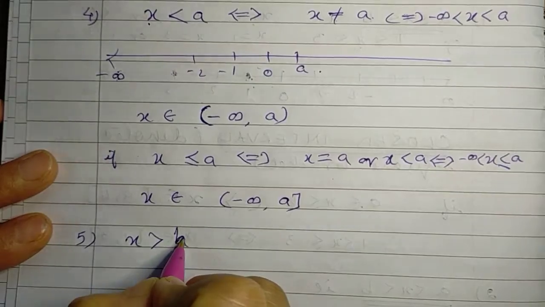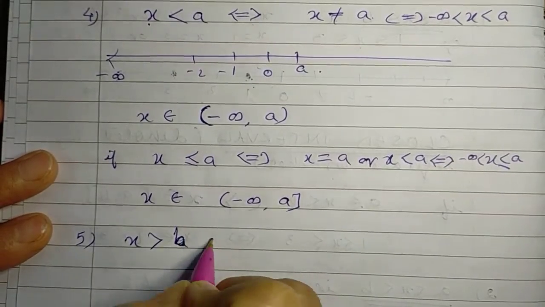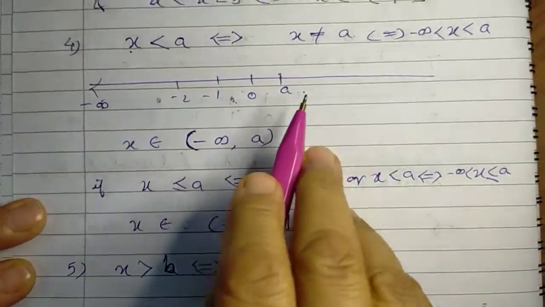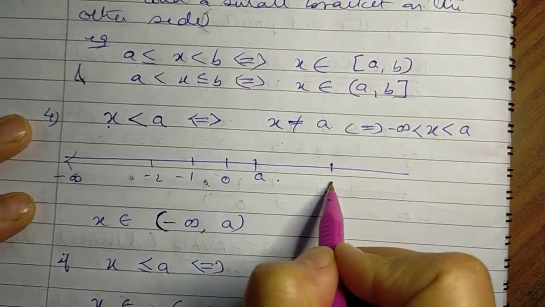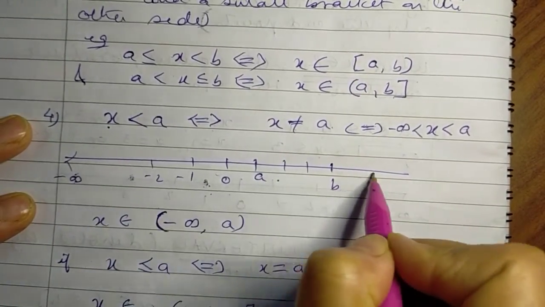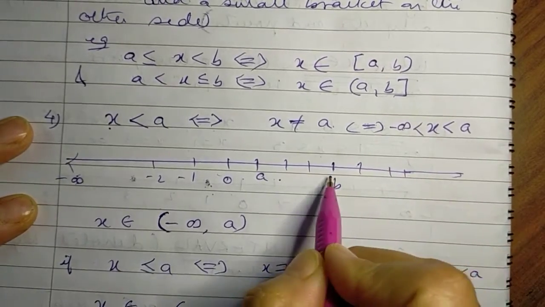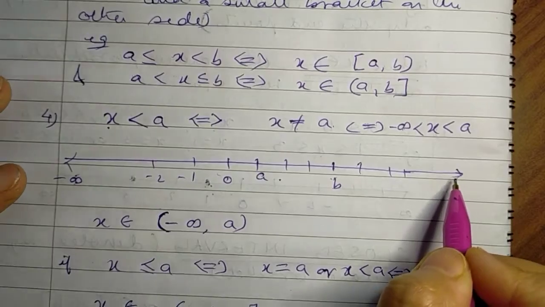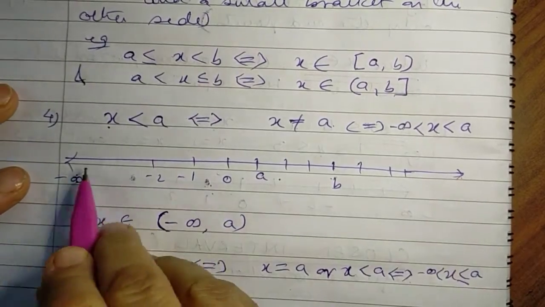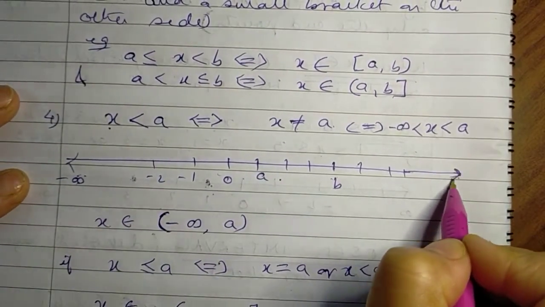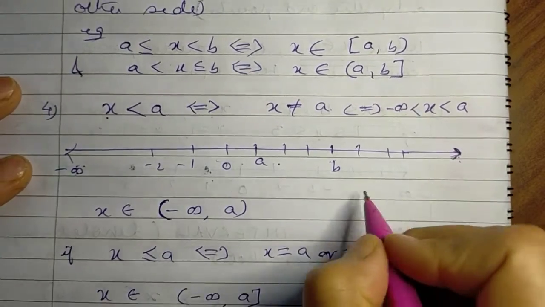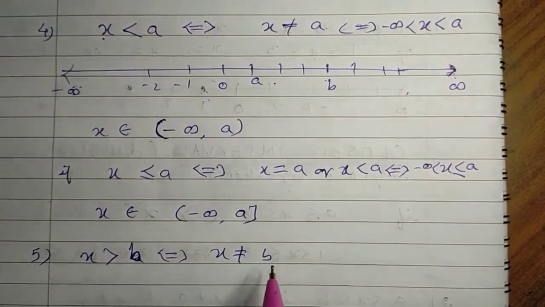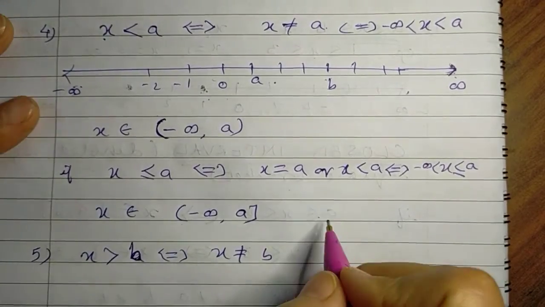Now the next case would be, suppose x is greater than a, or let me take it as b. So this is implied by x not equal to b, but x lies, suppose b is somewhere here, from b and then it can take any value towards positive infinity. Now again the same argument, that infinity is simply a symbol, it doesn't have a value.